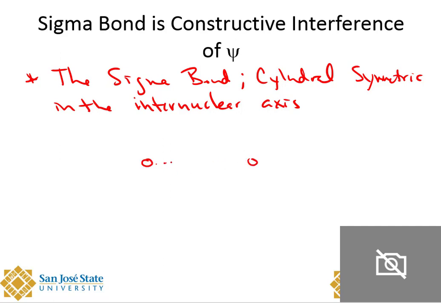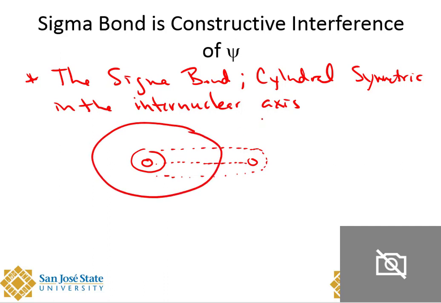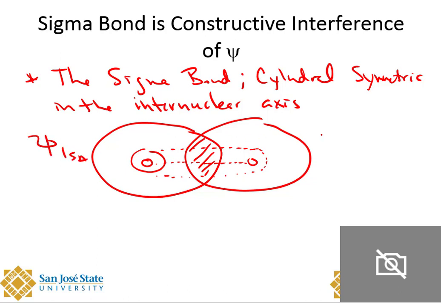The internuclear distance is that direct axis that is right between our nuclei. And if we were to draw this cylinder, it would look something like that. If we wish to also depict those 1s orbitals, which should be right there, that overlap is in this region, we can go ahead and then depict that increase in electron density being in between both the wave function for 1SA and our wave function for 1SB.